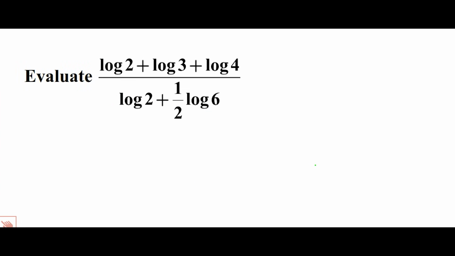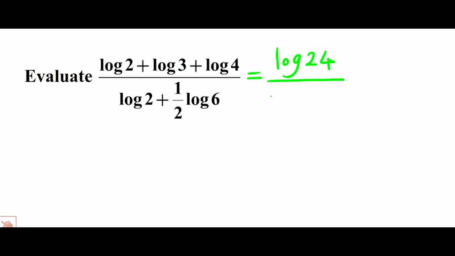Number 2: evaluate log of 2 plus log of 3 plus log of 4 over log of 2 plus 1/2 log of 6. First look at the numerator. Log of 2 plus log of 3 plus log of 4 equals log of 2 times 3 times 4, which is 24.